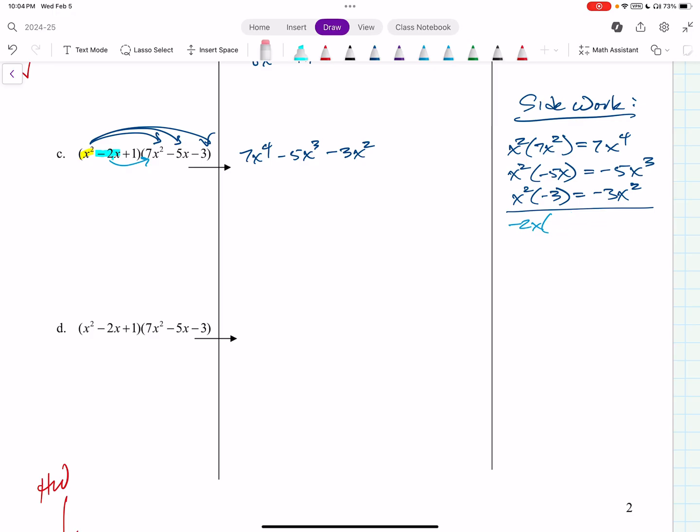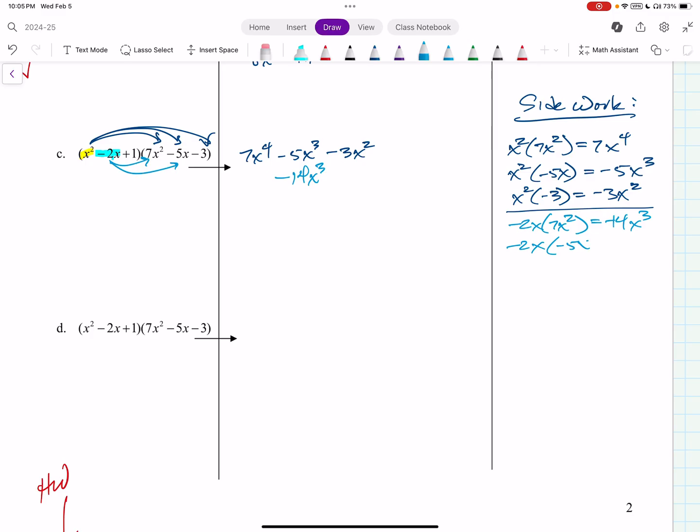Start over. Okay, so negative 2x times 7x squared. There we go. So negative 2 times 7 is negative 14. X times x squared gives you x cubed. So line up like terms. Cubes with cubes.